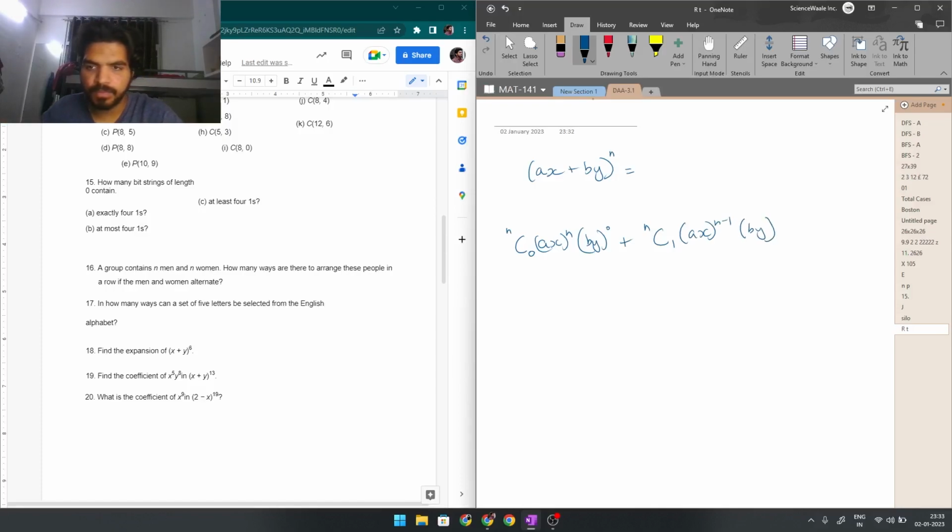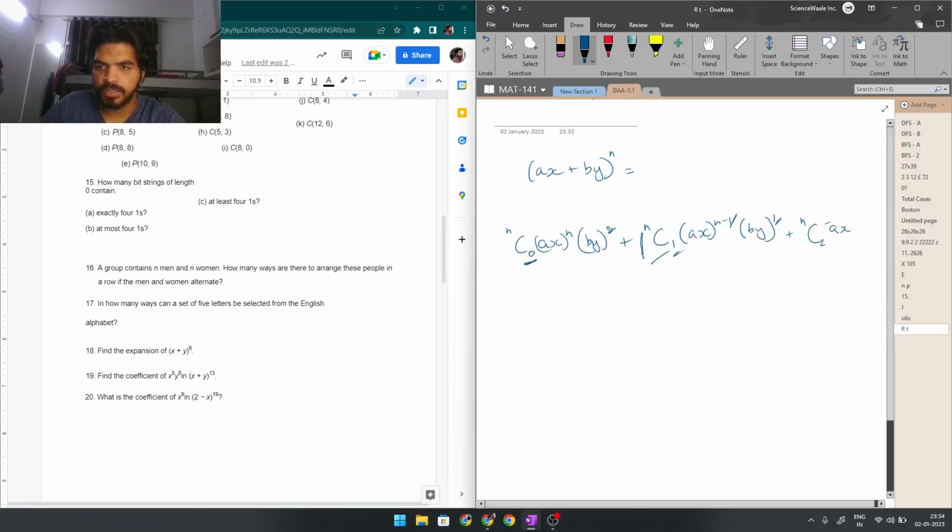Now if you can see clearly, this 0 is put here, this 1 is put in the second part of the binomial expression, and this one is n minus 1, n minus 0. So on. We are doing nC2 ax to the power n minus 2 by squared. This is the general term.